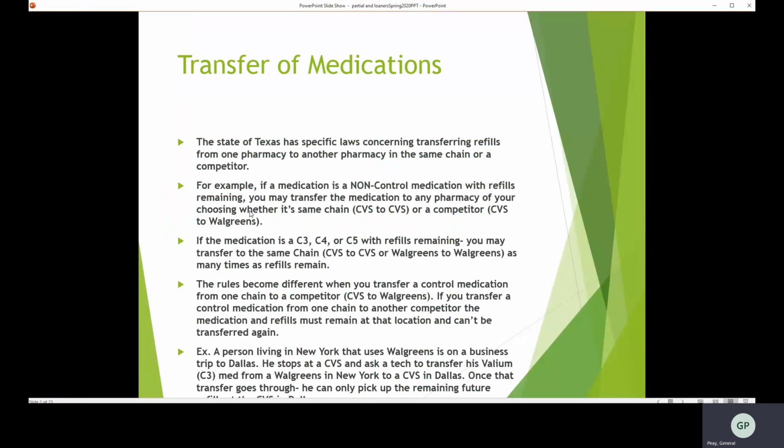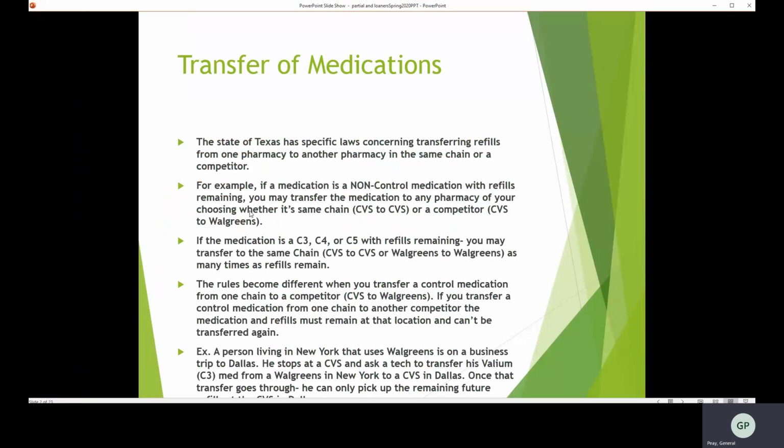So if you're going from CVS to CVS or Walgreens to Walgreens, whether it's a non-controlled or a controlled medication, and it has refills remaining, you can go back and forth.